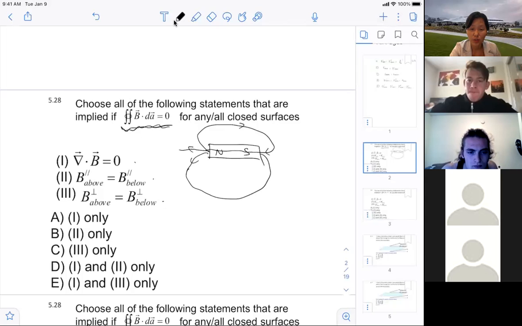Did you guys join the breakout room? Room 1, still nobody's there yet.